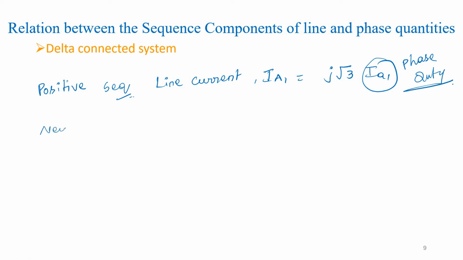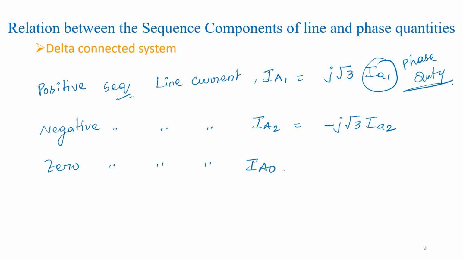Now the negative sequence line current IA2 is equal to minus j root 3 times ia2. And the zero sequence line current: we are taking the delta connected system. Will there be any neutral present in the delta connected system? No, we won't have any neutral. So if the neutral connection is not there, the zero sequence components will not be present in the system.